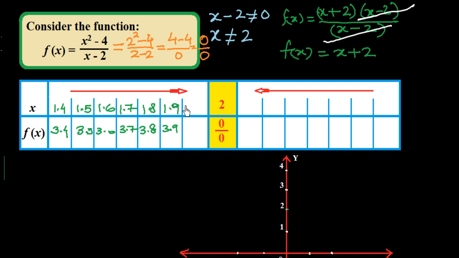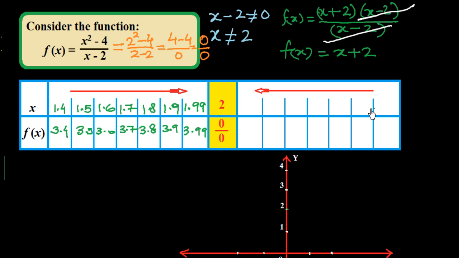And if I put 1.99, then what happens here? 3.99. So if x approaches 2, the f of x approaches what? 0 over 0 here. Okay, indeterminate form.